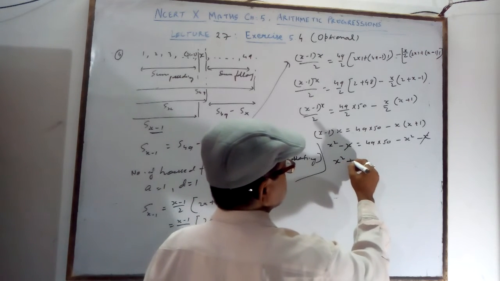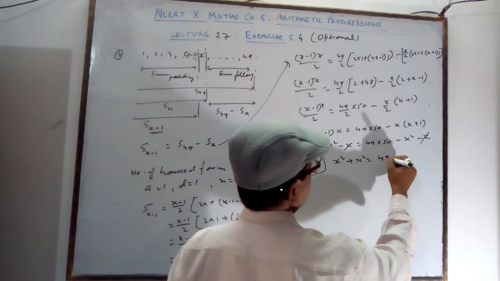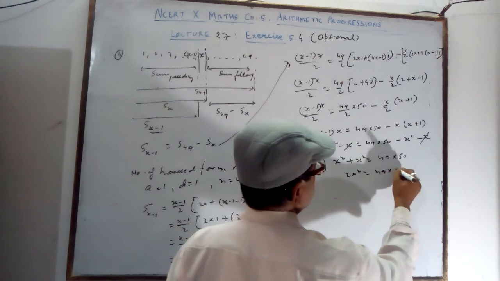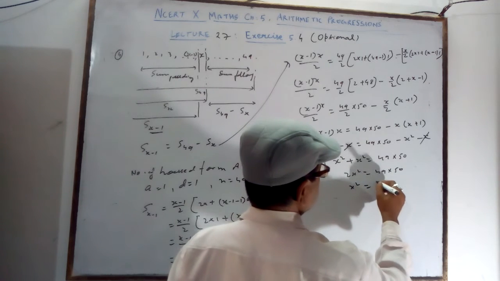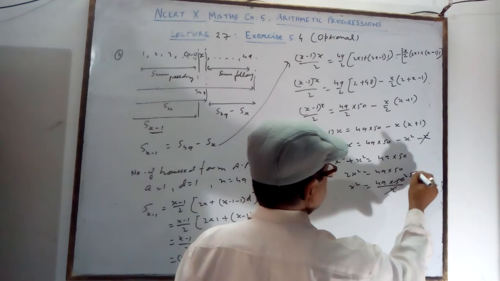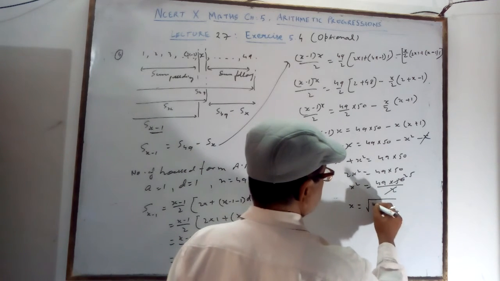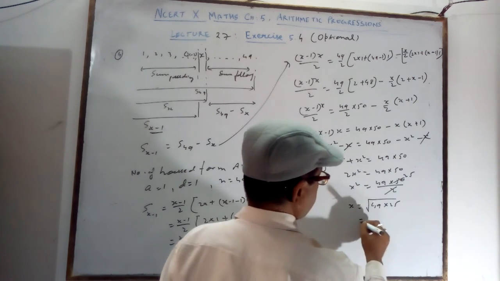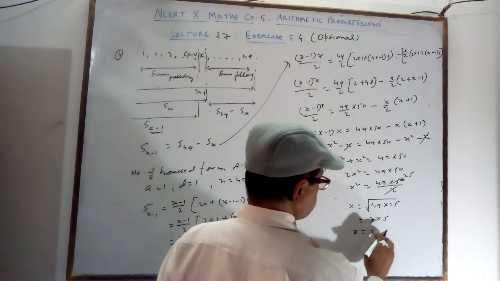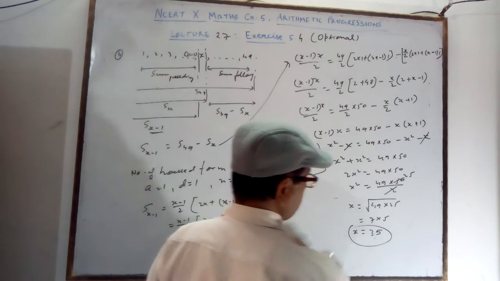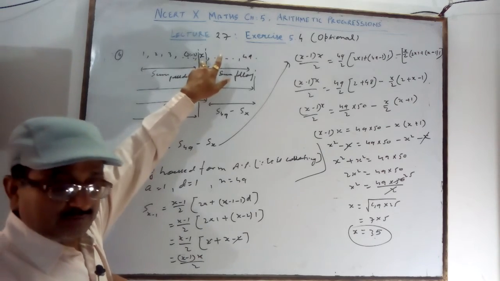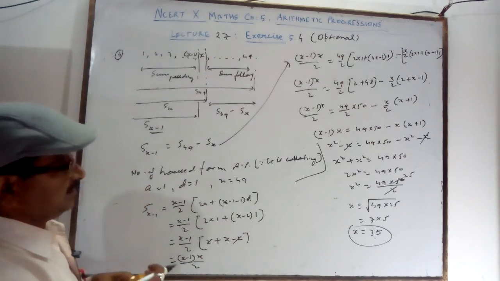So you are getting x square plus x square is equal to 49 into 50. 2x square is equal to 49 into 50, then x square is equal to 49 into 25. So x is equal to root of 49 into 25, 7 into 5, 35. The value of x is 35. This number is the house number 35. Before 35 and after 35 the sum is the same.